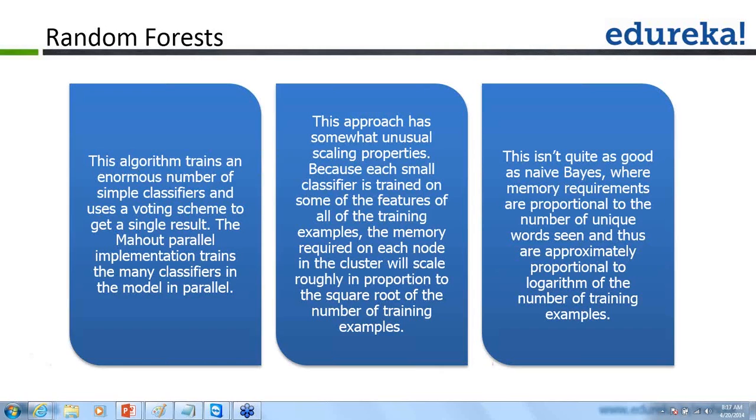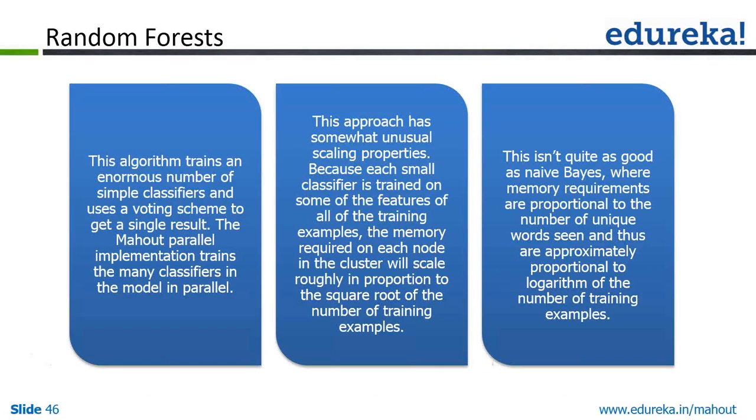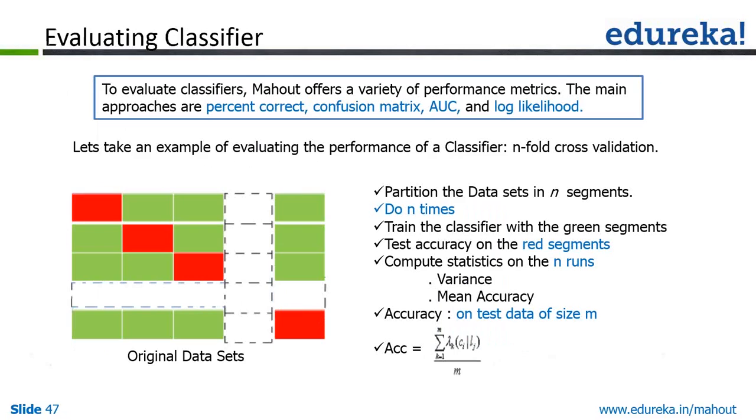So going back to the slide again. Now it comes to evaluating and tuning classifiers and the different metrics you can use. When we make classifiers in Mahout or using any APIs, their evaluation is really very much required.